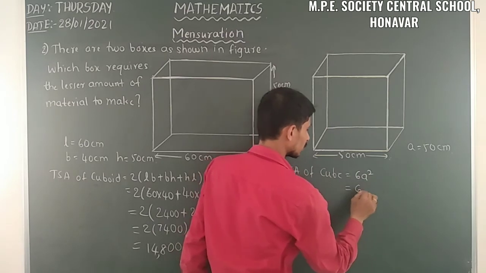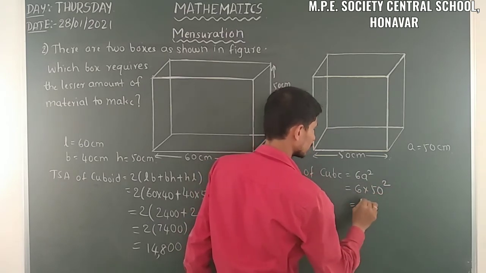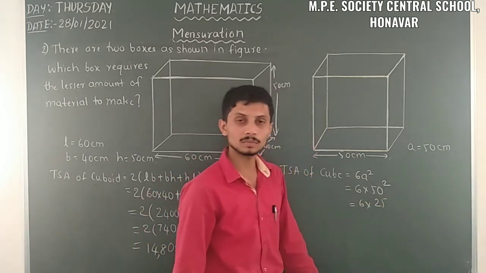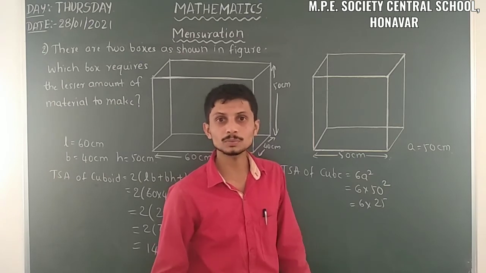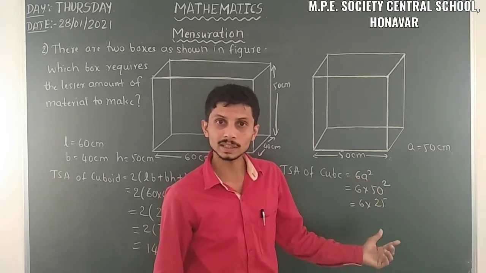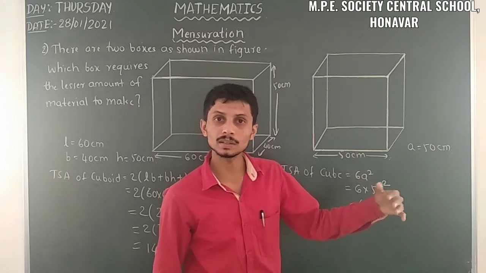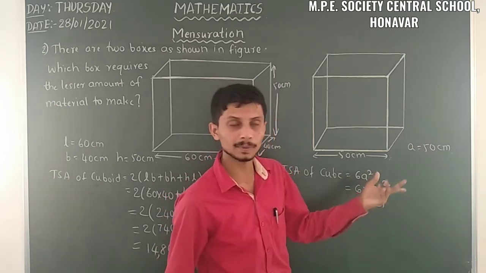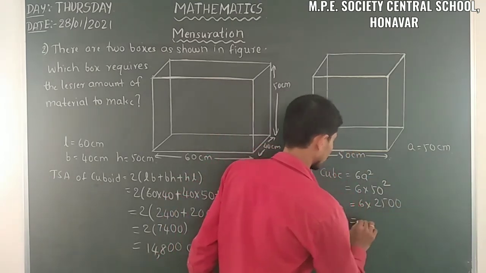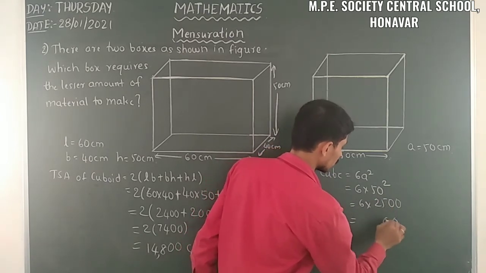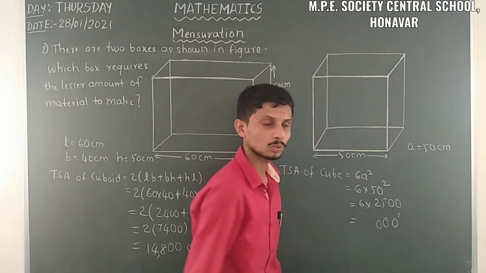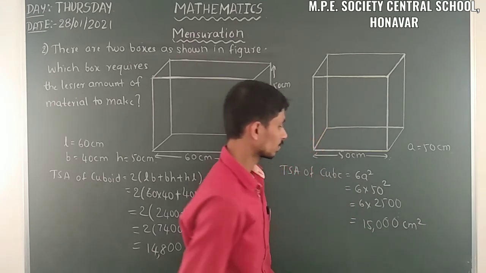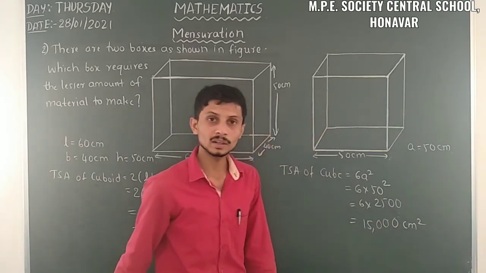So 6 into 50 square. 5 square is 25, and according to the properties of square numbers, if a number ends with k zeros, after squaring it ends with 2k zeros. One zero we have, so we get 2 zeros. 6 into 25 is 150, so 15,000 centimeter square is the area of material required to make this cube.